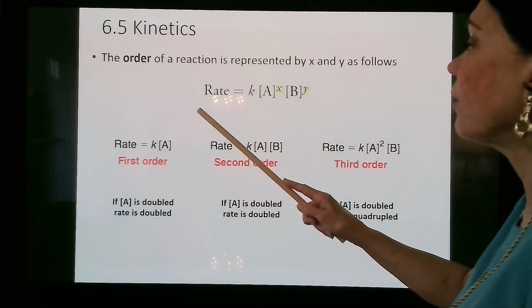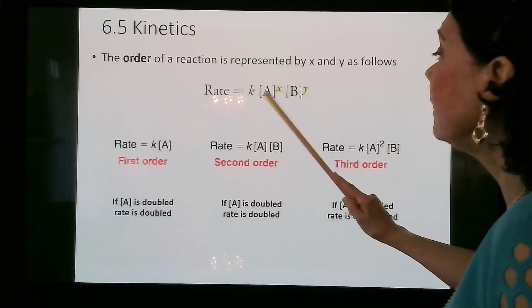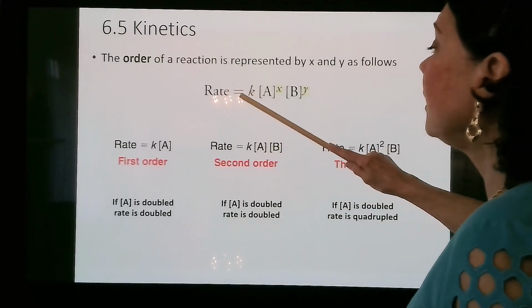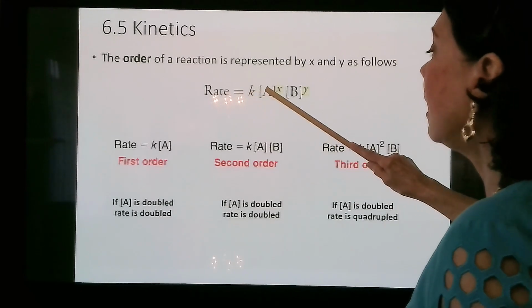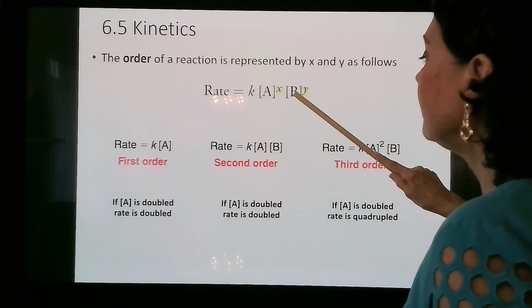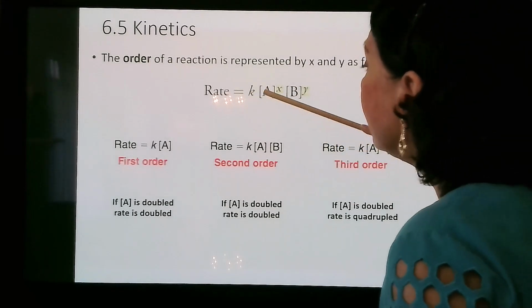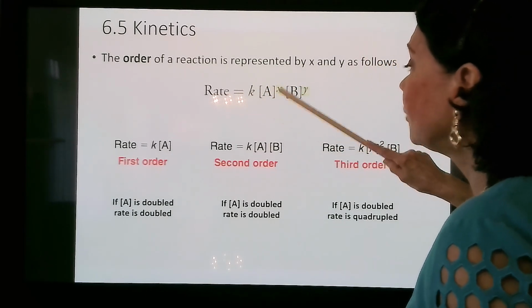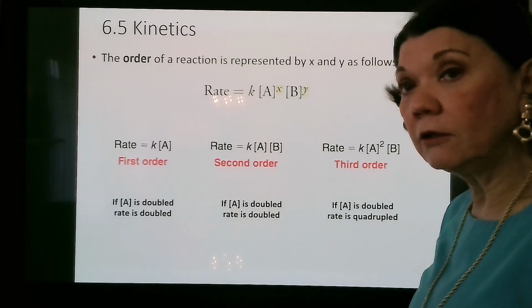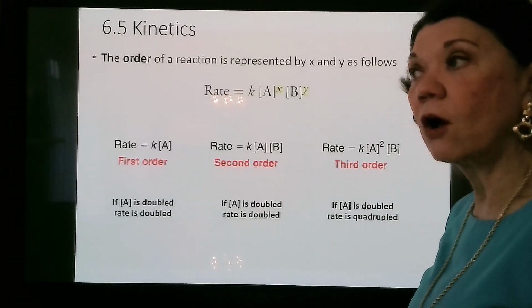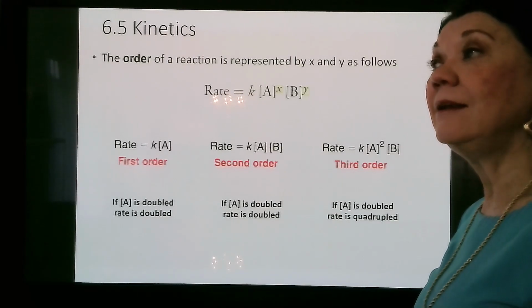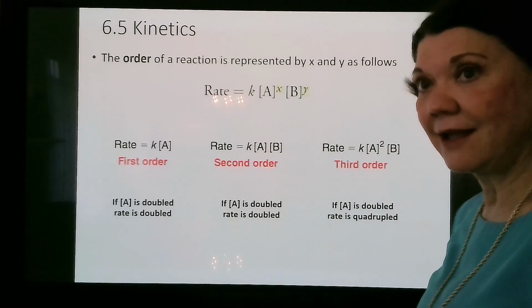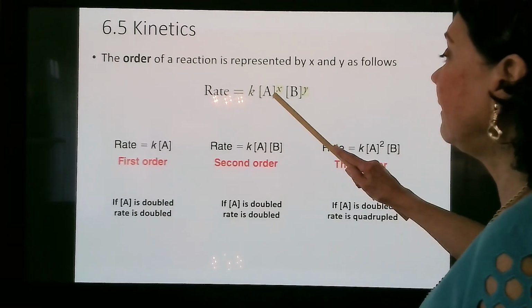So the order of the reaction is, let me back up. The rate of the reaction is equal to the rate constant times the concentration of A times the concentration of B. Now, A is taken to the X power, and X is the number of molecules of A that are involved in the rate determining transition state, and we haven't gotten to that yet, but just keep that in the back of your mind.